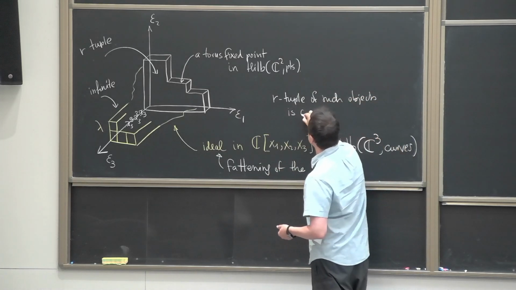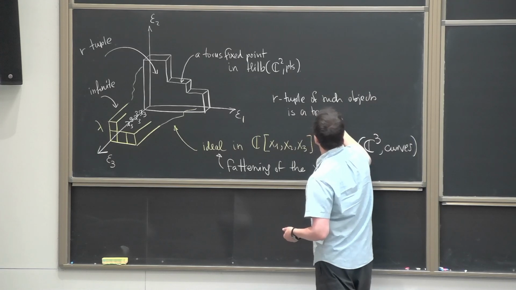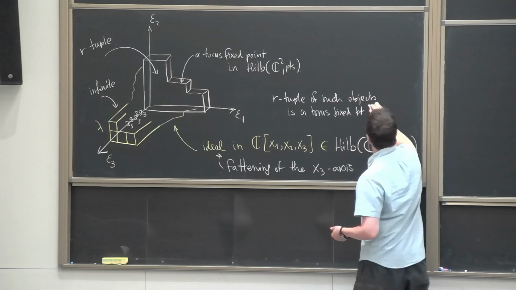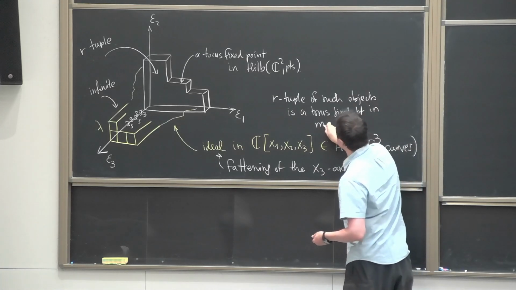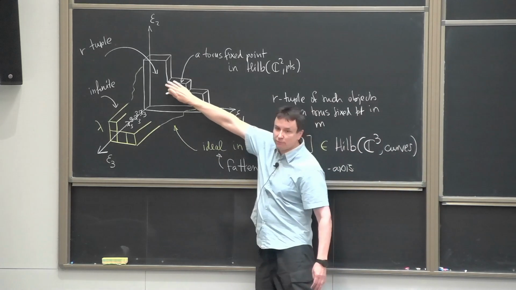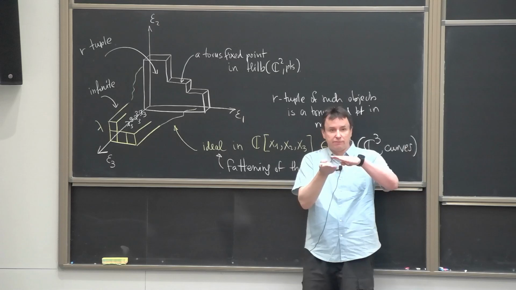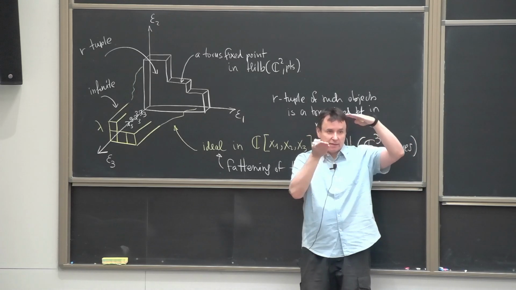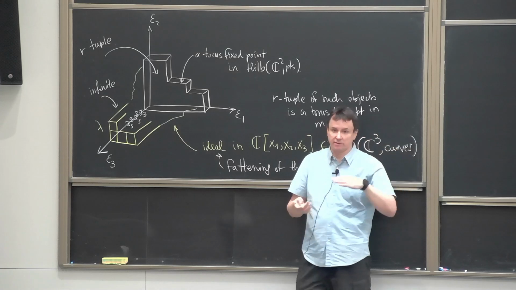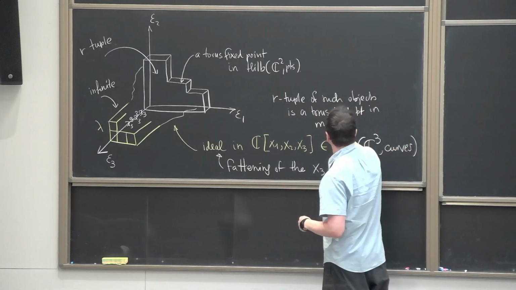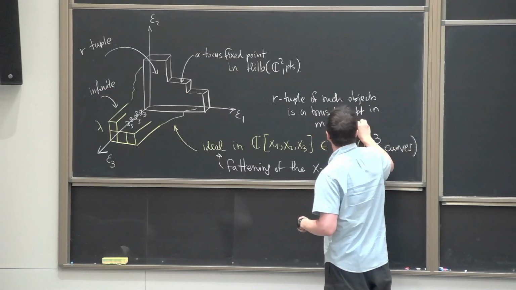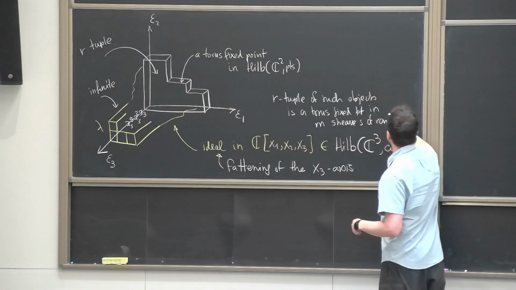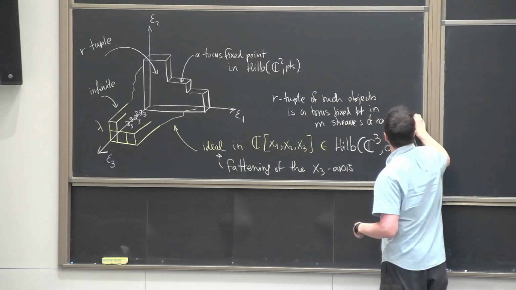And so an R-tuple of such objects is a torus fixed point in, so an R-tuple of flat objects. Previously this was a torus fixed point in bundles of rank R on the plane. So this is in sheaves. I'll write sheaves of rank R on C3.